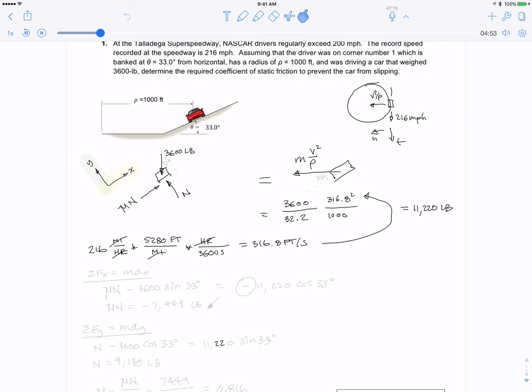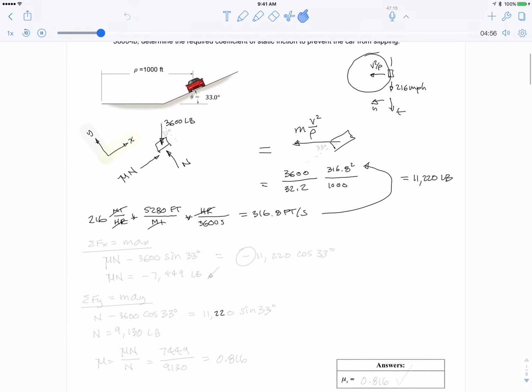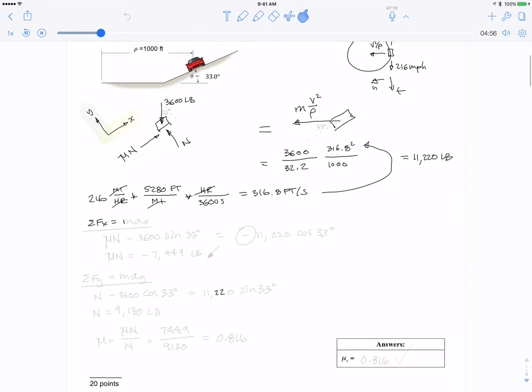Okay, so I'm going to go in the x direction first, so sum Fx equals max. So we're going to have to take some components. That's 33 degrees. And that is 33 degrees.